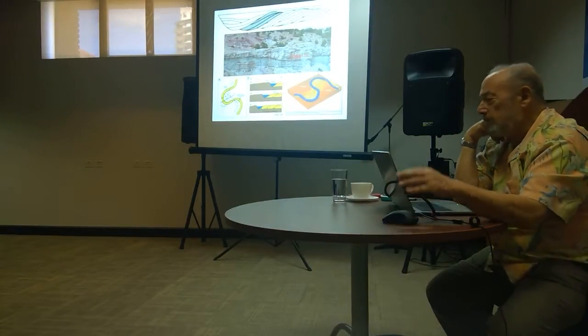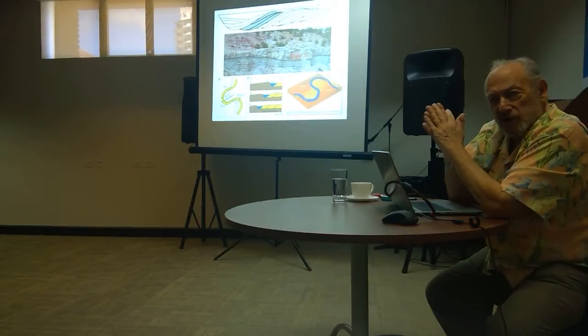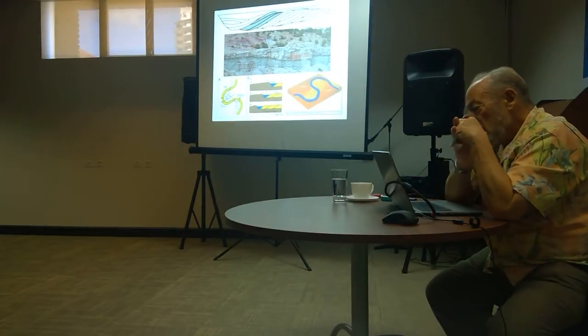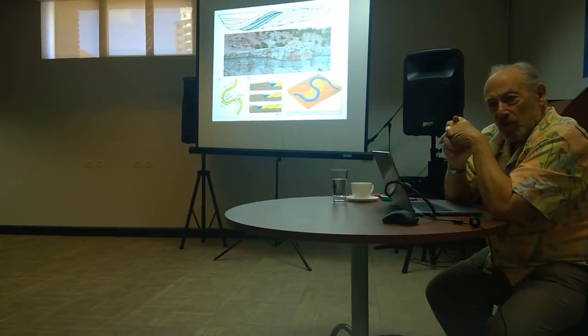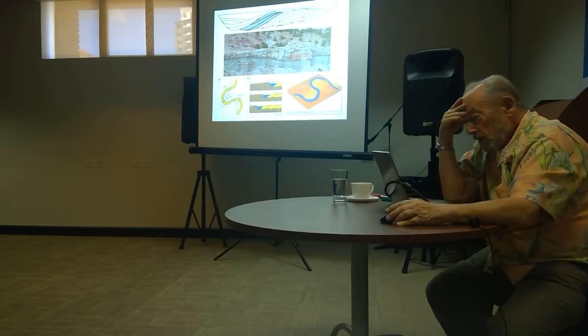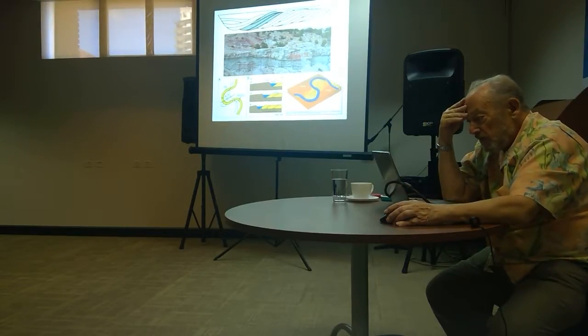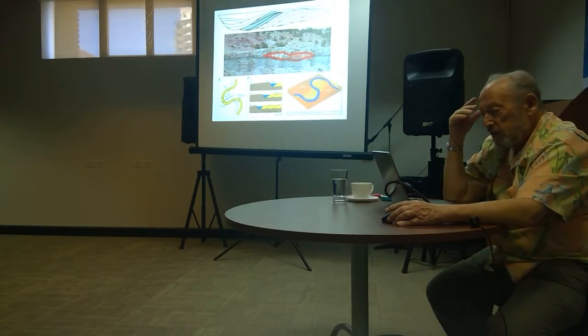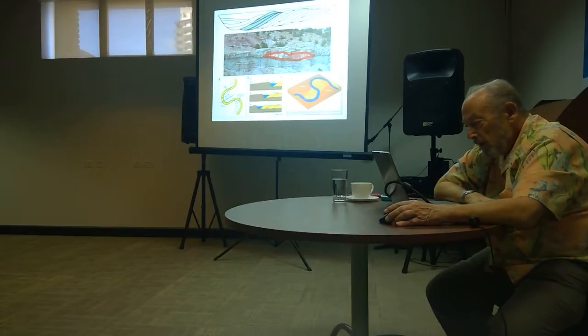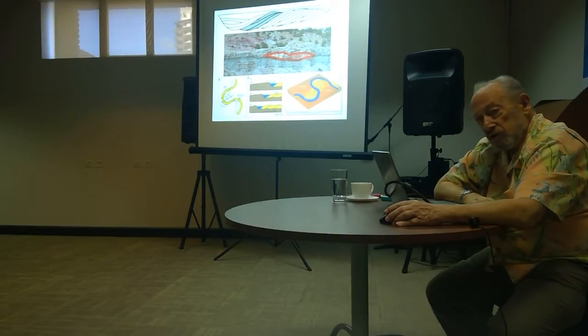Well, here's a picture looking at a cross-sectional view of a channel and point bar system. The channel fill is down here. This would be your lenticular channel fill, where in this case you do have some sand in the channel.